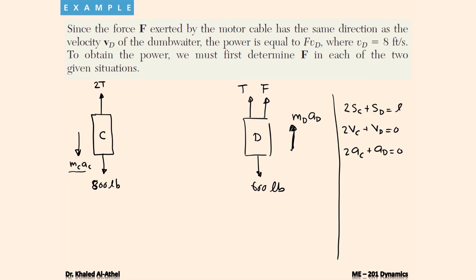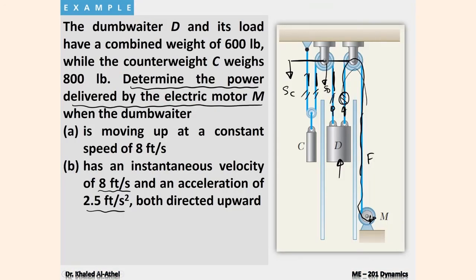Now AD is given as upward, and I know from here that AC should equal minus half of AD. So AC should equal minus 1 over 2 multiplied by AD. Remember, AD is moving upward, and here the datum is defined positive downward, so AD will be negative. So it's minus 2.5.